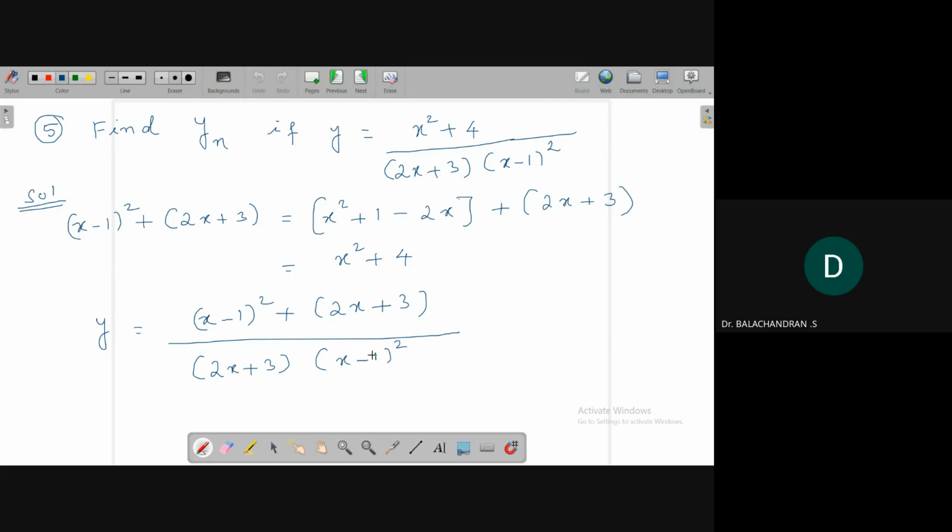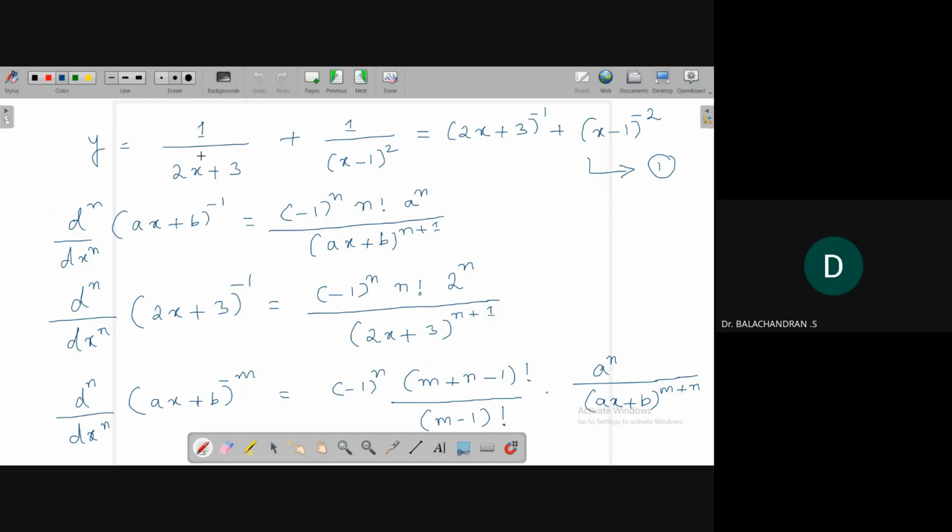Okay, y is equal to this term divided by these two terms. So this portion, these two cancel. Remaining we have 1 by 2x plus 3. So that is what I wrote here.